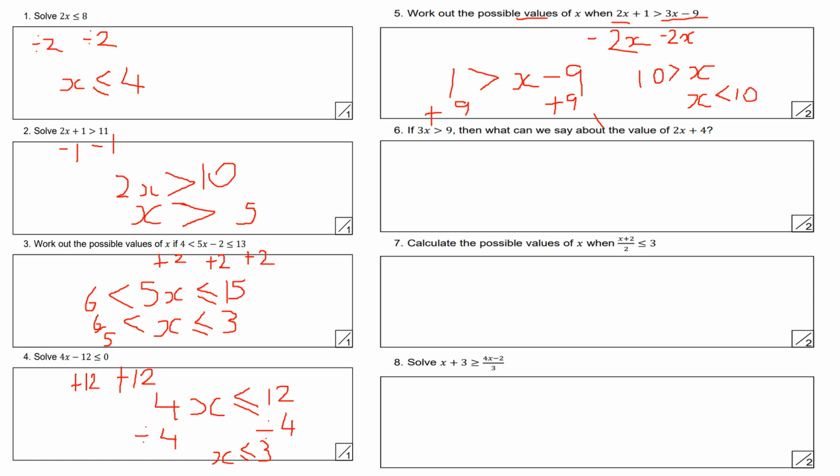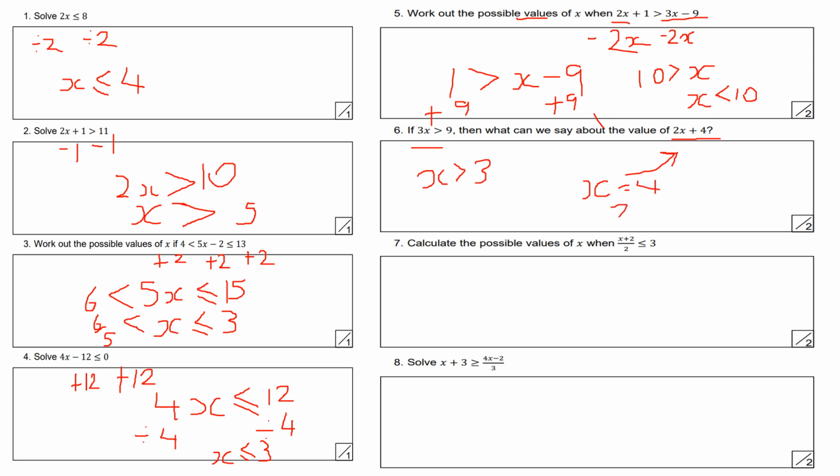Question number 6. If 3x is greater than 9, then what can we say about the value of 2x plus 4? If I solve it, I'll get x is greater than 3. So if I sub in x equals 4 into here, what am I going to get?